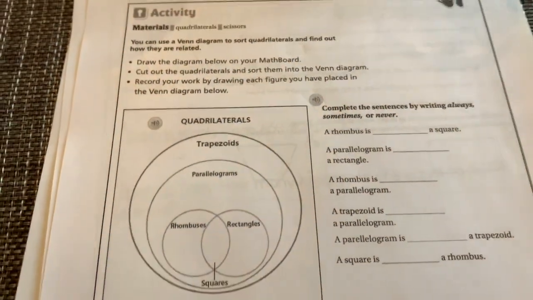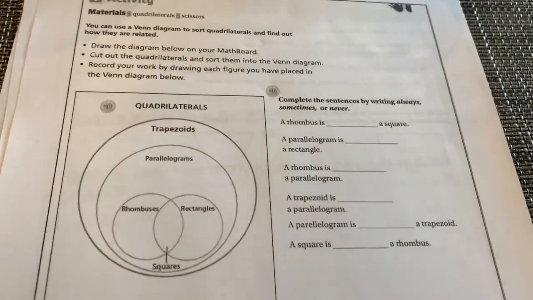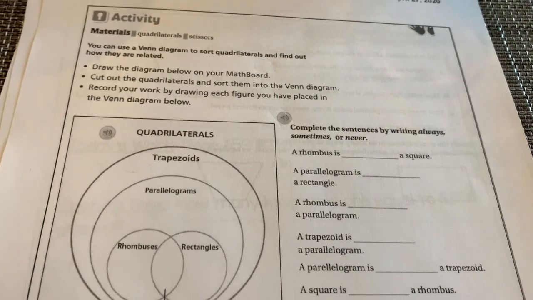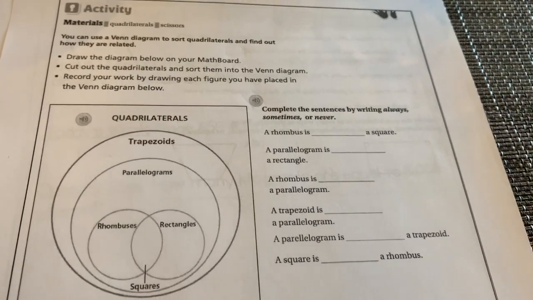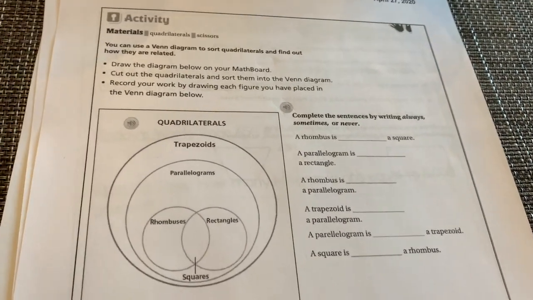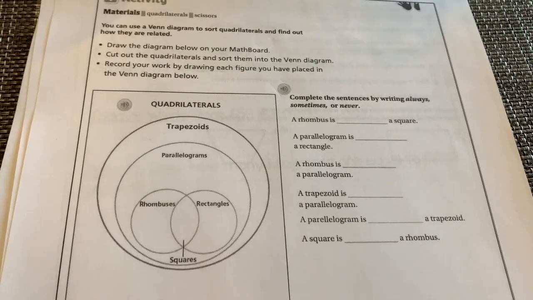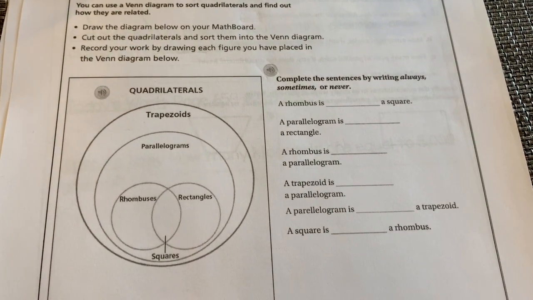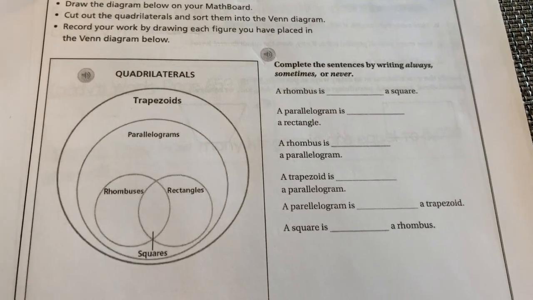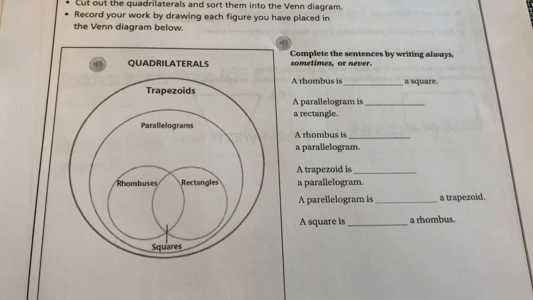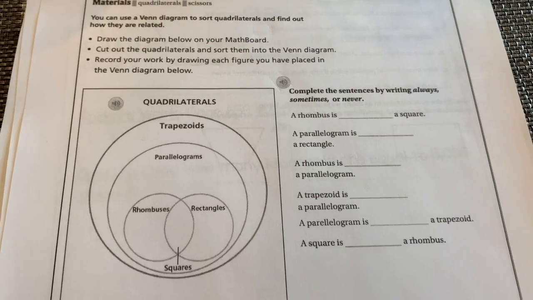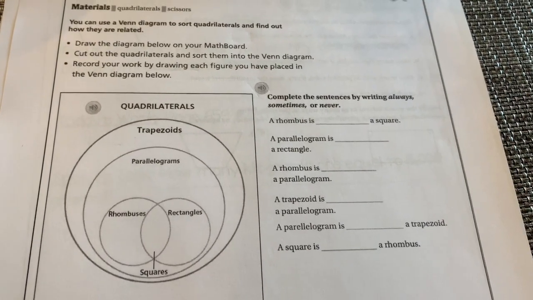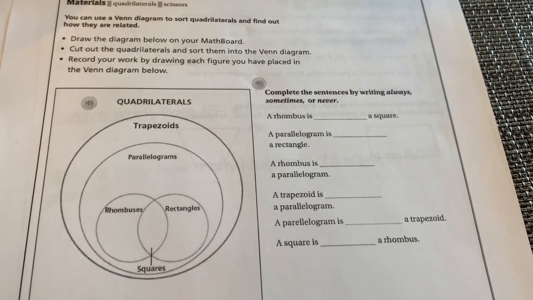So this is one of the more confusing things within geometry, where you have shapes or quadrilaterals that are sometimes a certain type of quadrilateral and other times are not. So we're going to practice looking at this because you do need to know it.